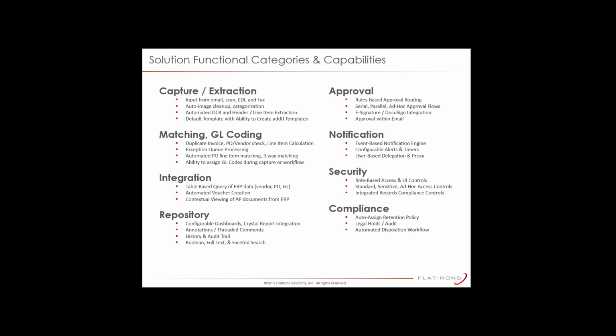There's a number of capabilities that we have around queue and automated matching and exception handling that Peter showed as part of that line item GL assignment. It's critical that tight integration occurs. We understand that we're not the vendor master nor the GL accounting system, so being able to contextually integrate with those systems is critical. The repository has a lot of basic capabilities to store and retrieve and do annotations and history.